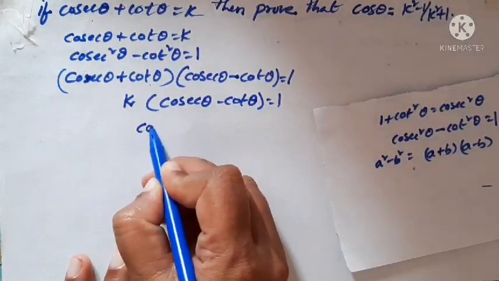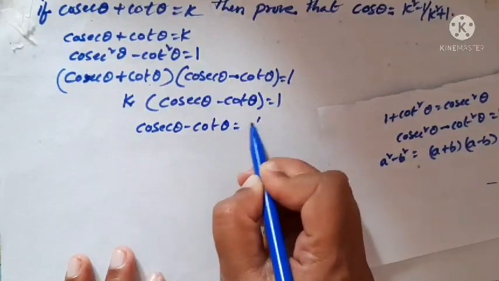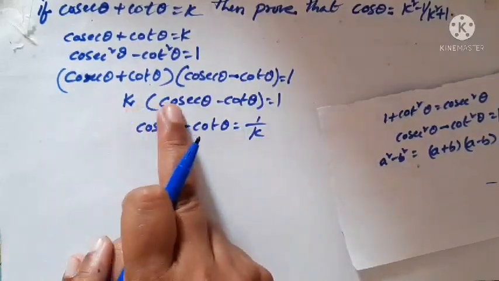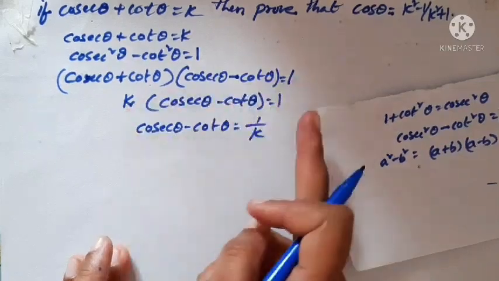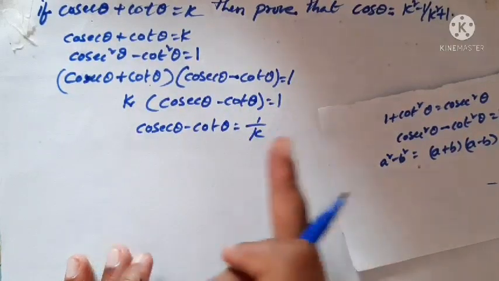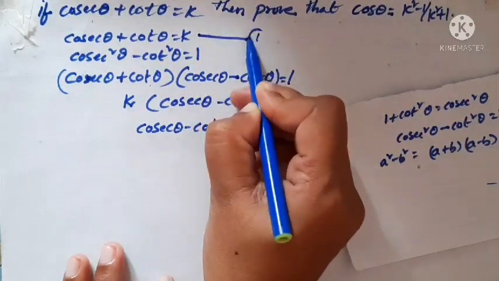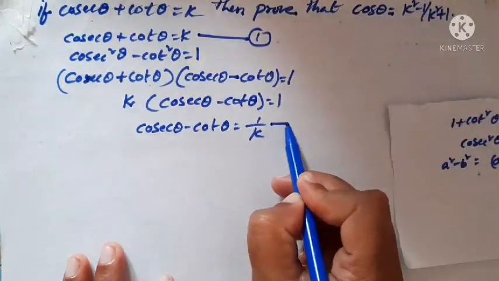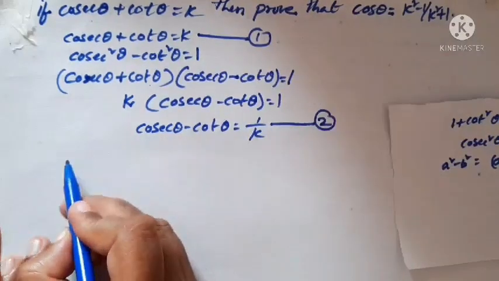You will get cosecant theta minus cot theta is equal to 1 by k. Here k is multiplied, so we have to take k to the right side, then it becomes divide. Let us take this as equation 1 and this as equation 2.